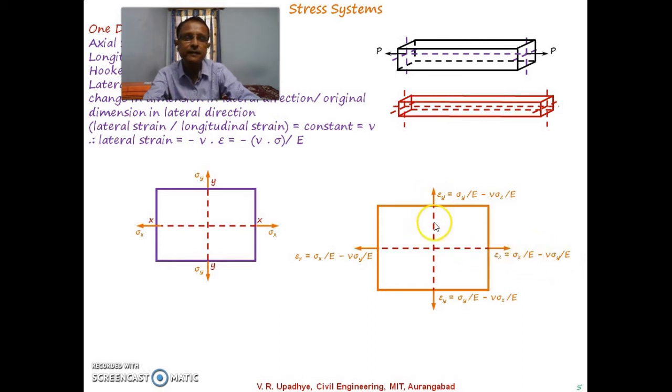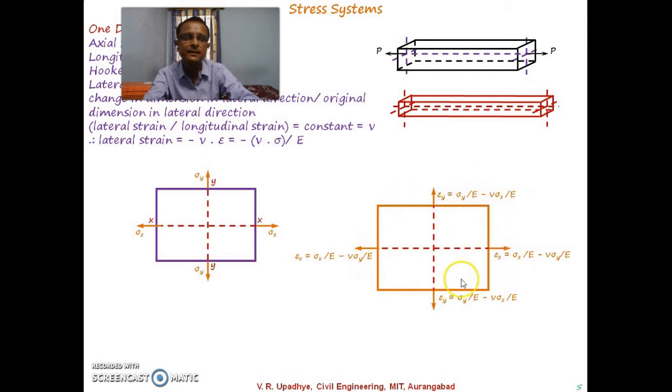Similarly, for the y-axis, the strain due to sigma y is longitudinal, so epsilon y will be equal to sigma y divided by E, and due to sigma x there will be lateral strain along the y-axis, so that becomes minus mu times sigma x divided by E. Together this is the strain along the x-axis and y-axis.